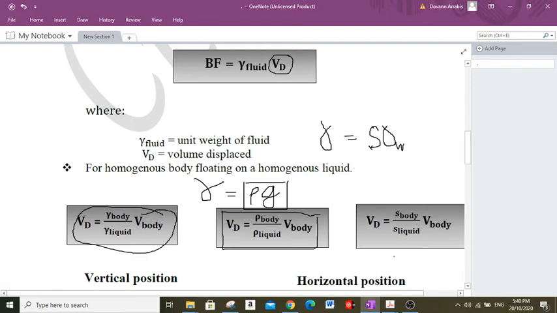So this equation can be simplified to this one.